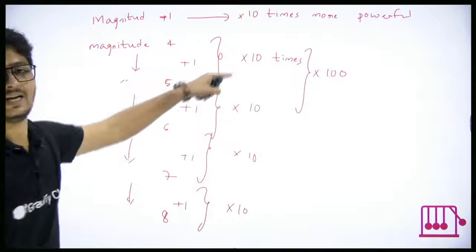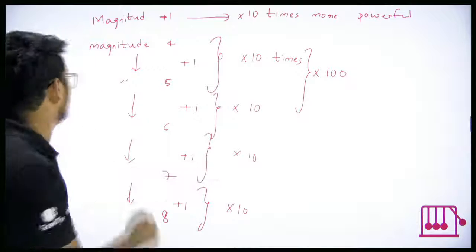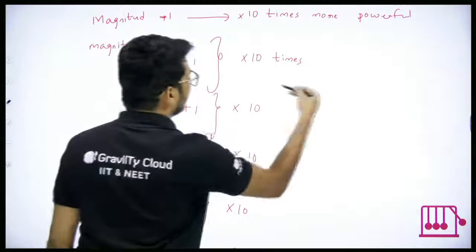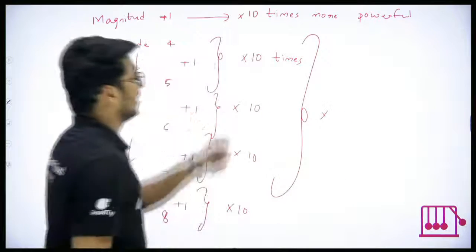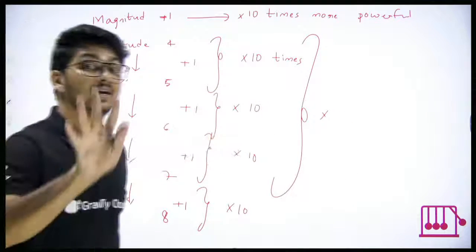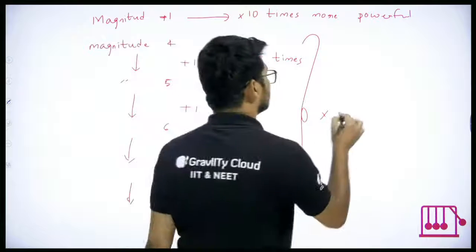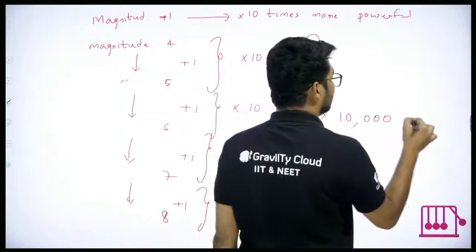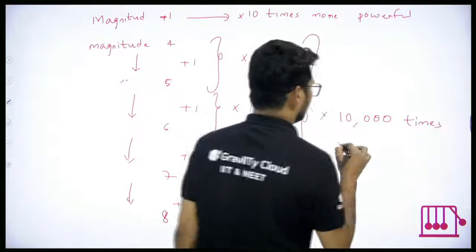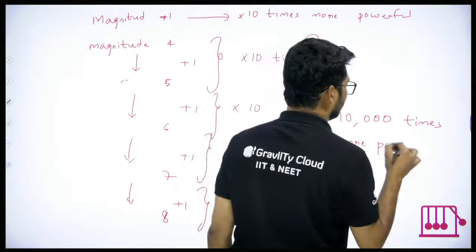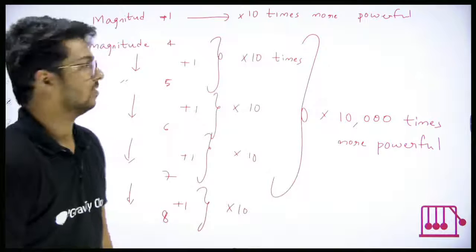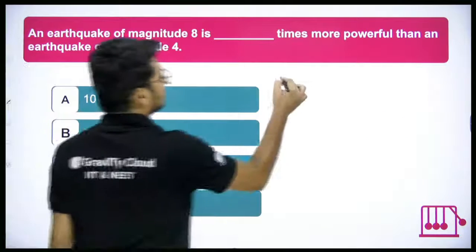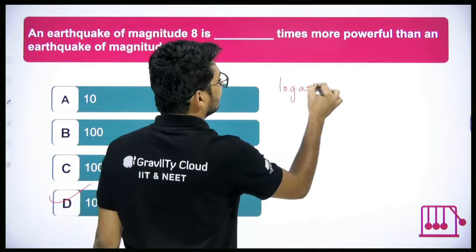If I combine all of them, into 10 into 10 into 10 into 10. 10 comes 4 times, so 4 zeros. So it is 10,000 times more powerful. Why is that? Because of the logarithmic scale.